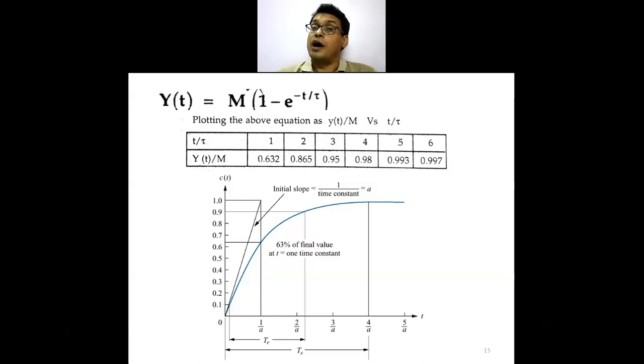No. The temperature gradient will decrease, because the thermometer will gain energy and subsequently increase its temperature, like from 95 to 96 to 97 to 98, with time. So the temperature gradient also decreases. Initially it was maximum, 3.6, but it decreases, and that is why this becomes a curve, not a straight line.